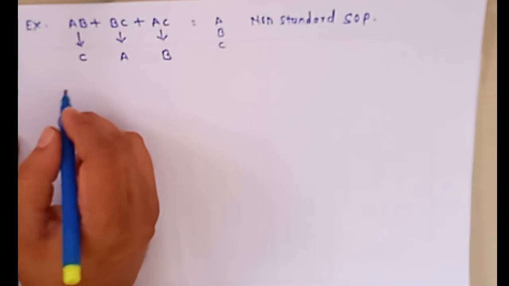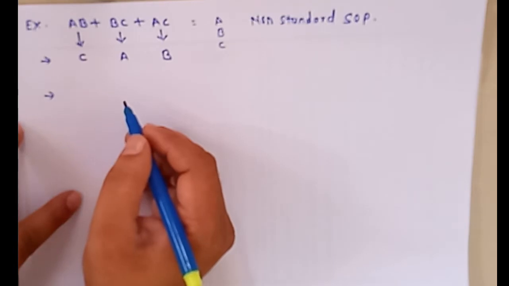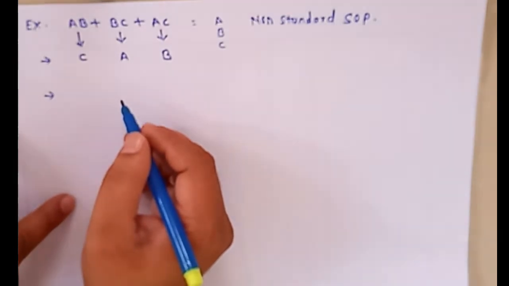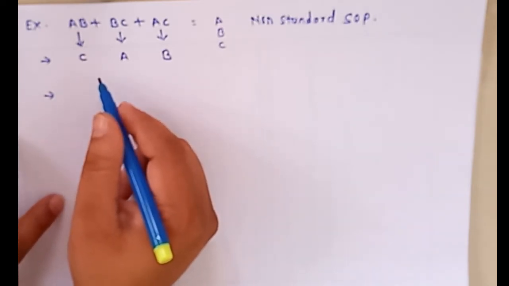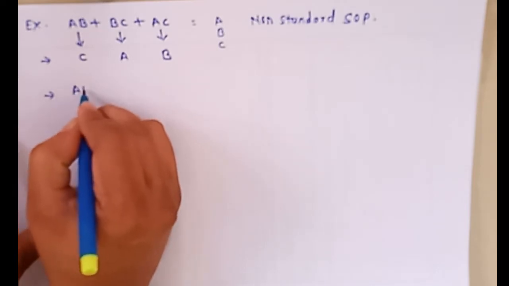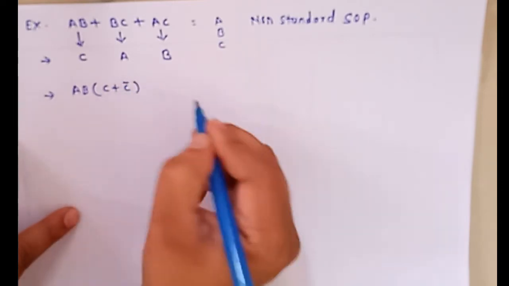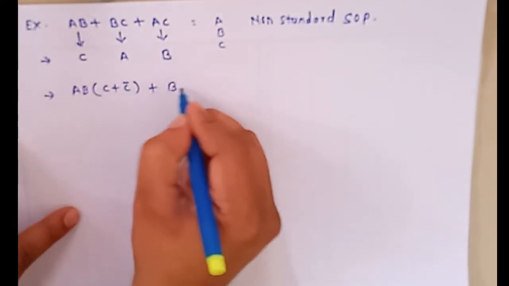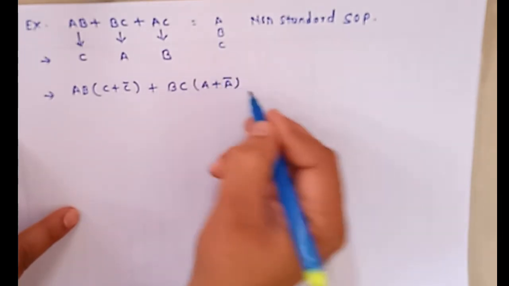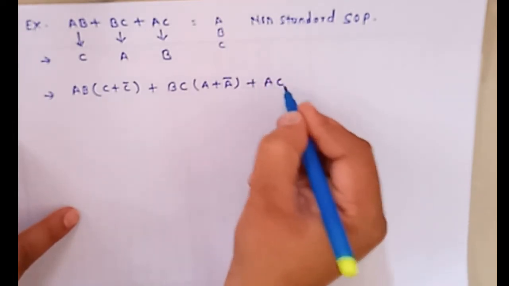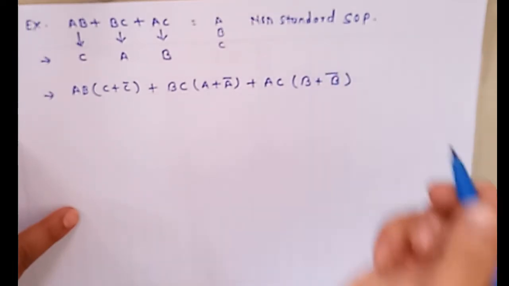Okay, so second step. So here we have completed the first step. Second step is what? In second step we have to multiply the product term with the sum of its missing literal plus its complement. So here we will write this first term AB and the missing literal is C and its complement is C bar, plus second product term is BC into its missing literal is A and its complement is A bar, plus third product term is AC, its missing literal is B and its complement is B bar.